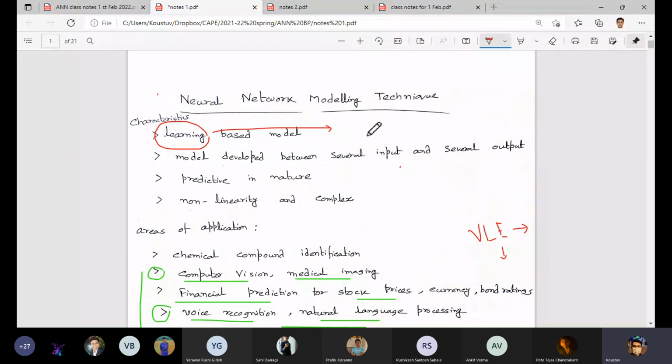Unlike the previous type of problem, where the physics was known, that means the governing phenomena. We knew that for an unsteady state reactor, concentration and temperature will vary with time, and for a CSTR we can write down the mass balance equations and solve them based on the initial conditions.